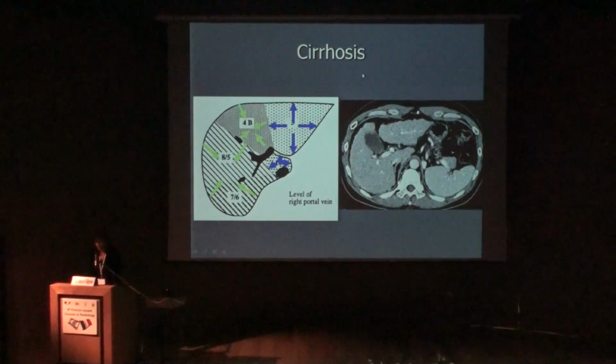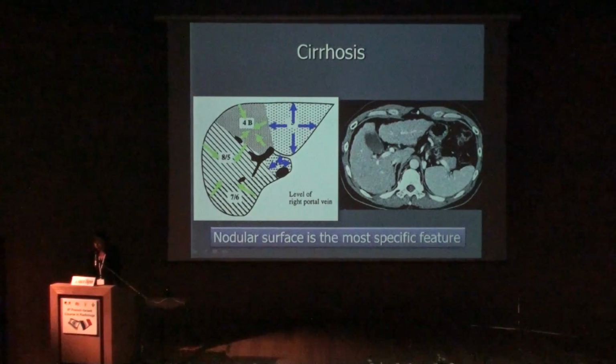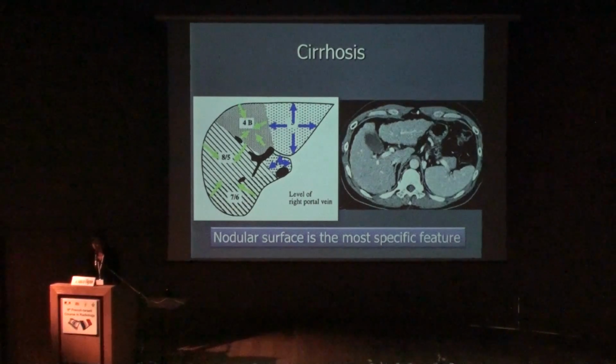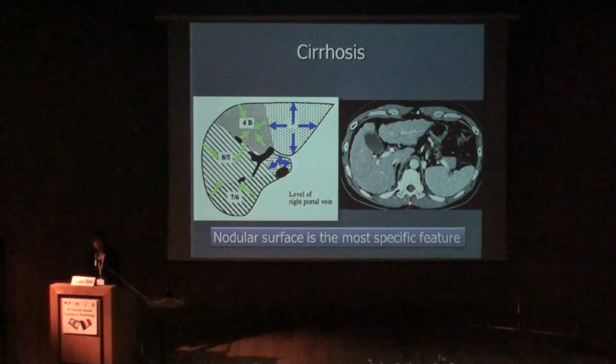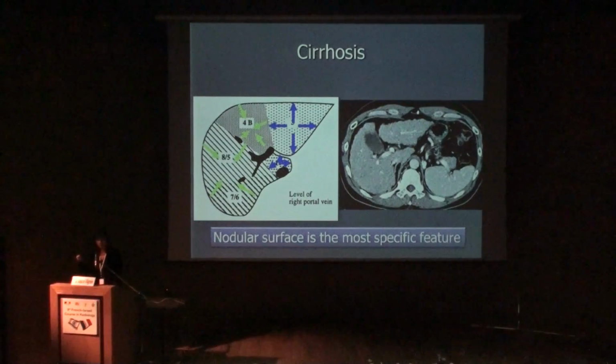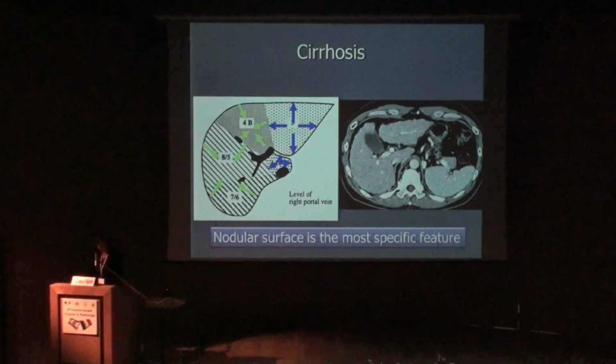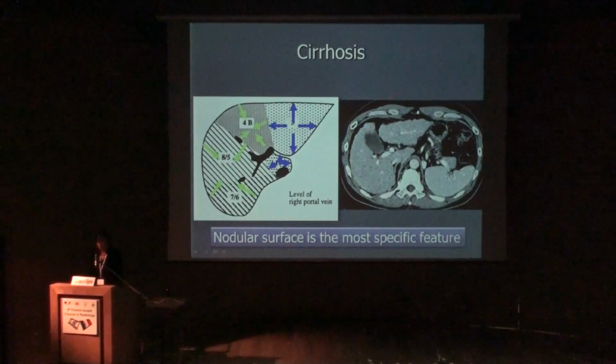And indeed, another very important finding, quite specific for cirrhosis, is the nodular surface. So by combining the changes in the internal architecture, the morphological changes, and the nodular contour, then you will be very confident in assessing whether your patient is cirrhotic or not.